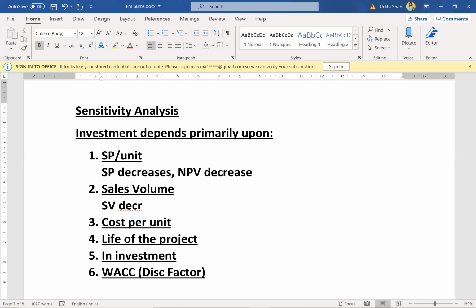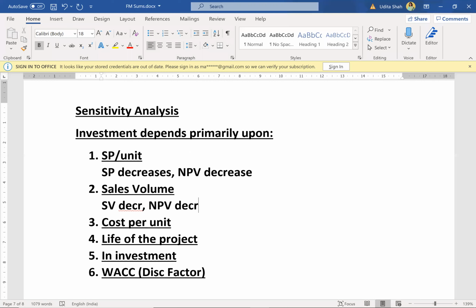Because sales volume decreases means what? Number of units, your production decreases, sales decreases, cash flow decreases, my NPV decreases. Again the same thing. Management wants to find out till what percentage can my production drop, okay? After a certain point, if my production drops further, my NPV will become 0 and I cannot accept my project, okay?